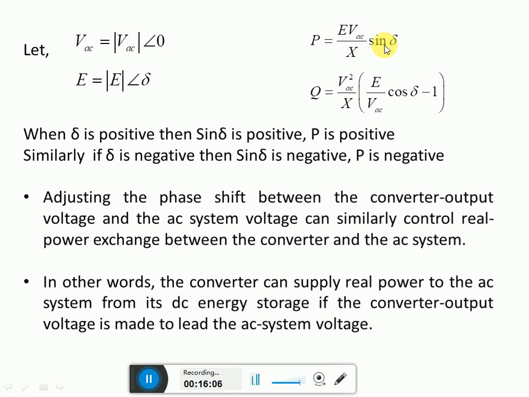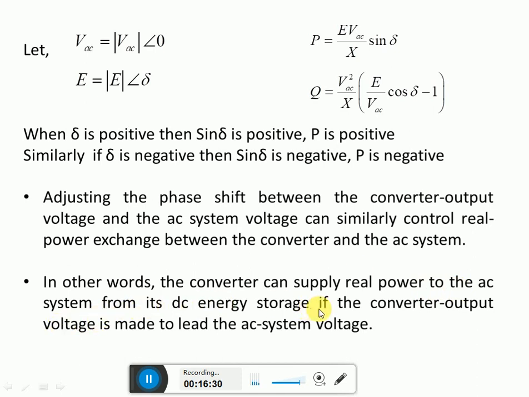So that way real power absorption and real power exchange is possible with the STATCOM.